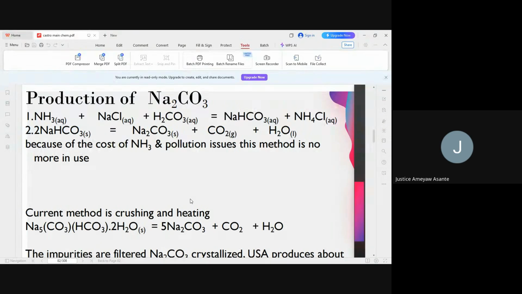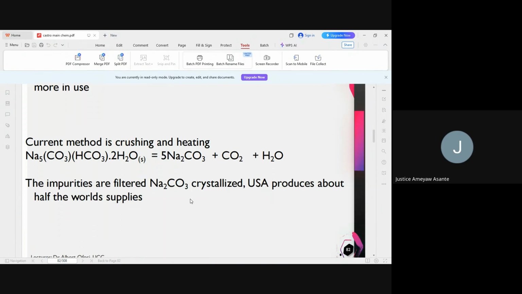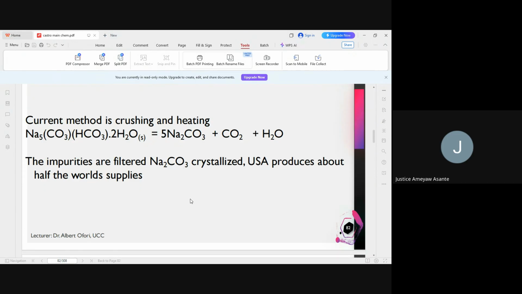Because of the cost of ammonia and the pollution issues, this method is no more in use. So if you want to prepare sodium carbonate, because ammonia is very expensive and it also generates a lot of pollution, you don't use this method of combining ammonia with sodium chloride. The current method is crushing and heating.